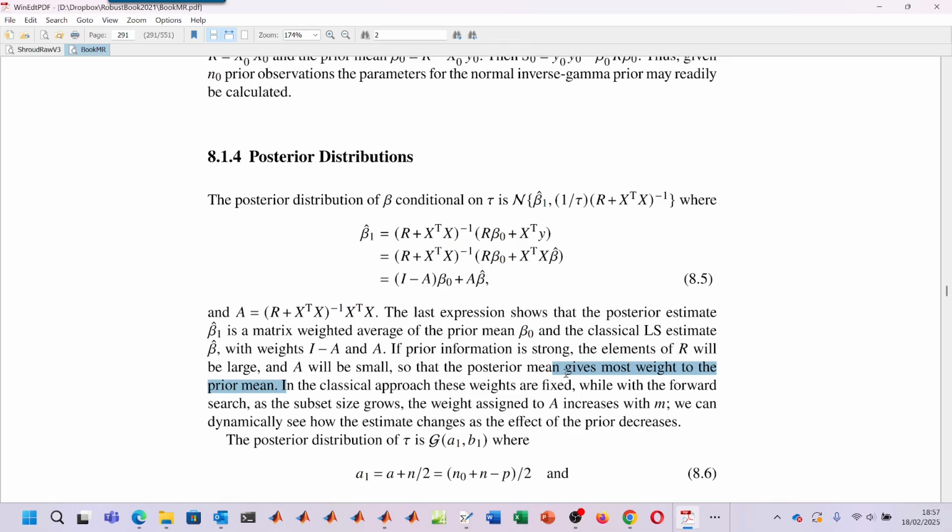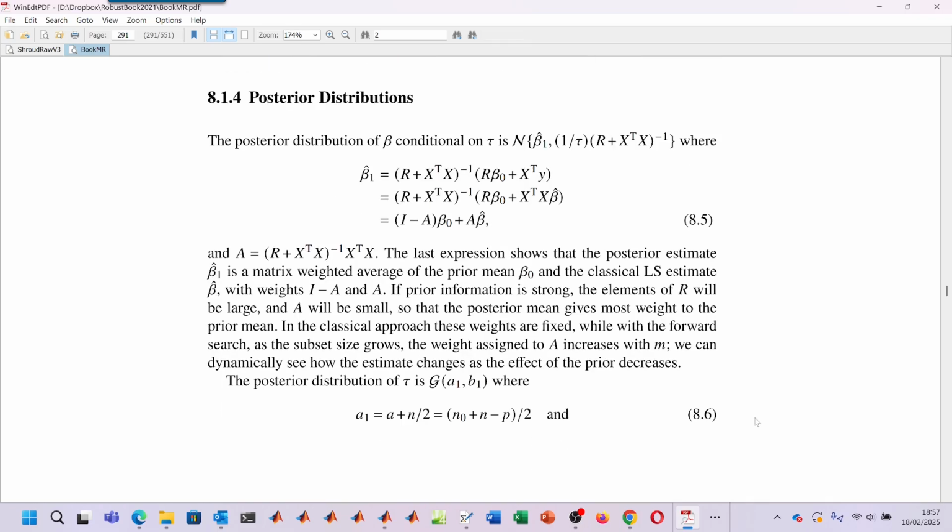In the classical approach, these weights are fixed, while with the forward search, and this is very important, as the subset size grows, the weight assigned to A increases with m. We can dynamically see how the estimate changes as the effect of the prior decreases. We have so far given the posterior distribution of beta.